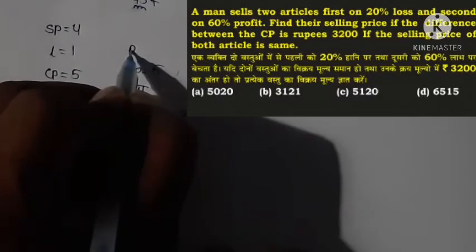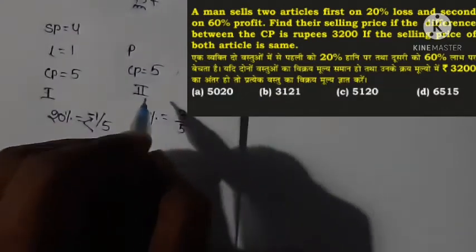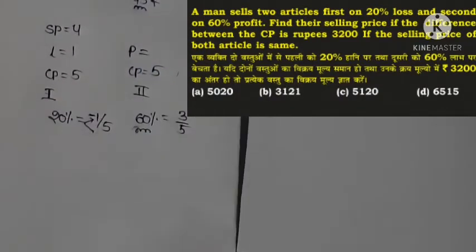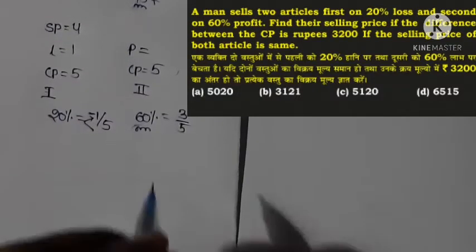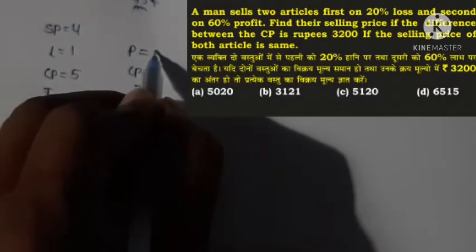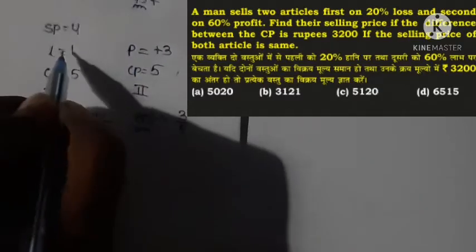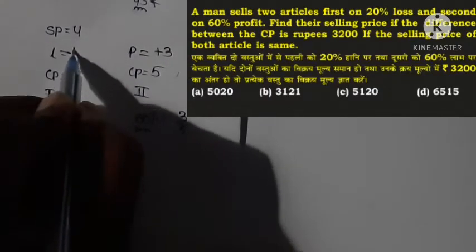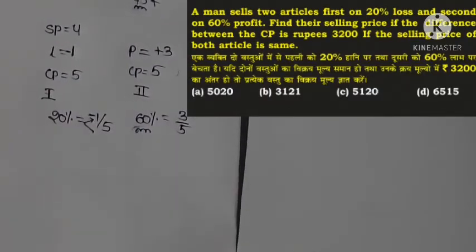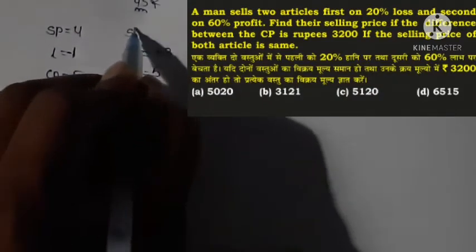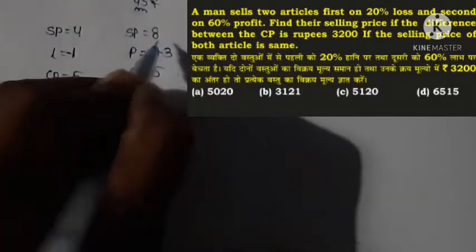The profit is equal to plus 3. Here the loss is minus 1. And the selling price is equal to 8.